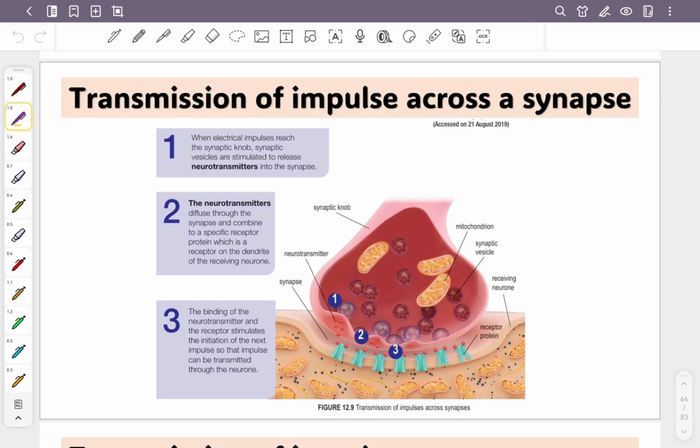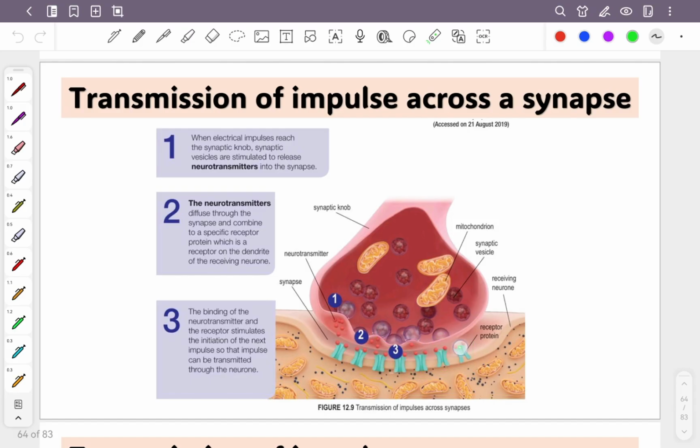This is the explanation given in your textbook. So first, when electrical impulses reach the synaptic node, the synaptic vesicles are stimulated to release neurotransmitter. So these are the synaptic vesicles. How do they release the neurotransmitter? They fuse with the membrane. When they fuse with the membrane, it's like the bag opens. So when the vesicle opens, the neurotransmitter will be released into the synaptic cleft. Understand? The neurotransmitter is going to bind to the receptor on the postsynaptic membrane of the receiving cell.